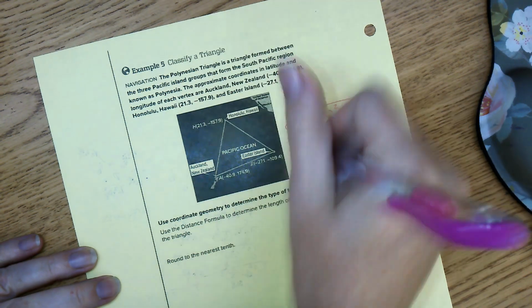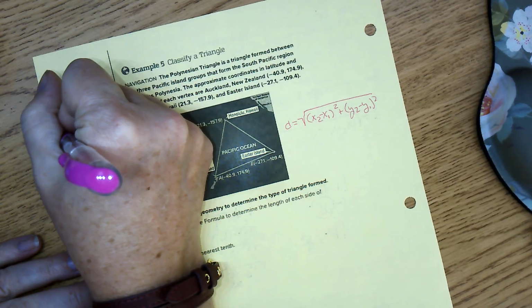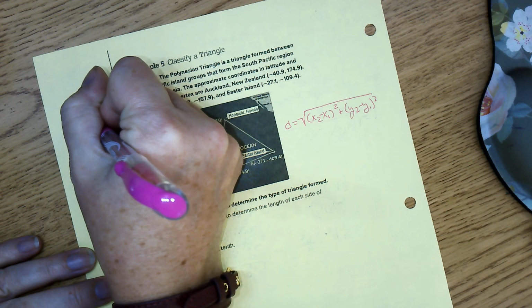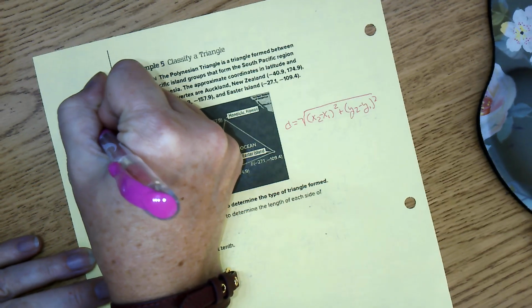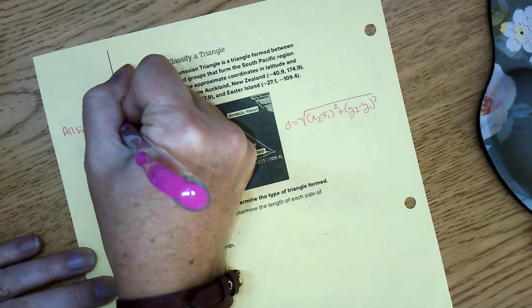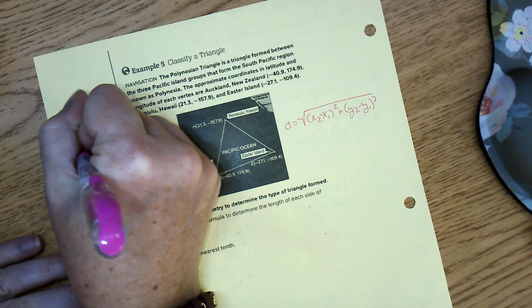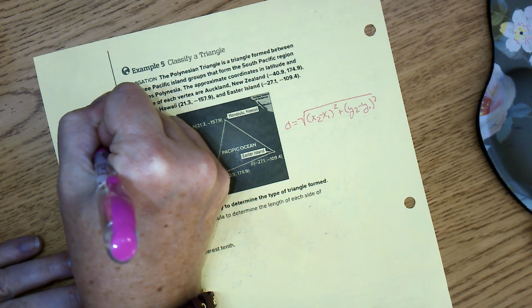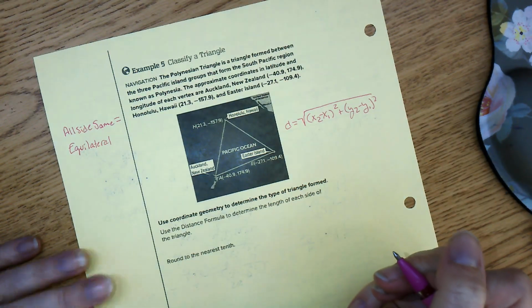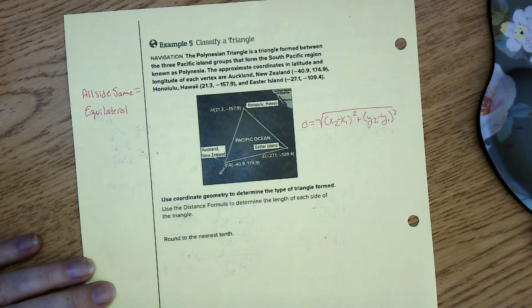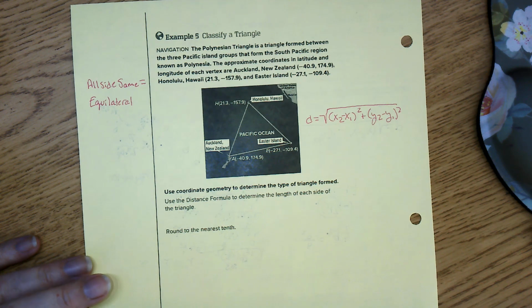In the distance formula, if all sides are the same, that means they equal each other. That is an equilateral triangle. We talked about equilateral triangles. We proved that when we were doing 5-6.